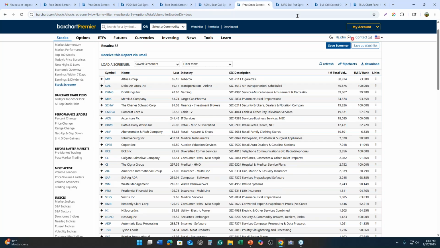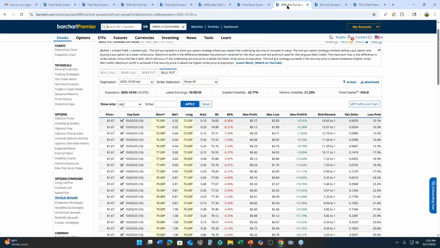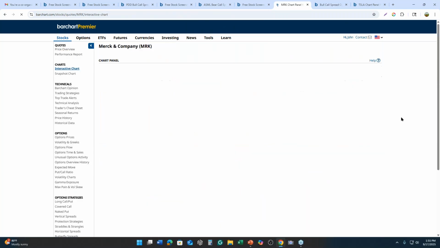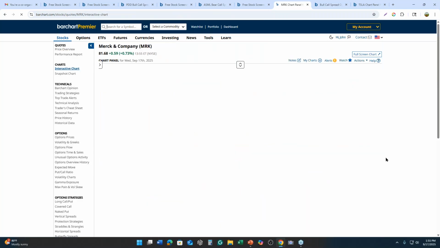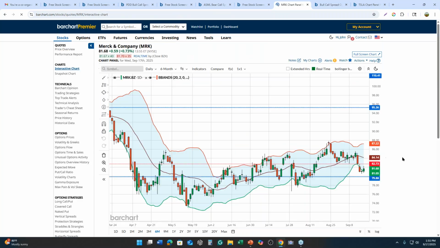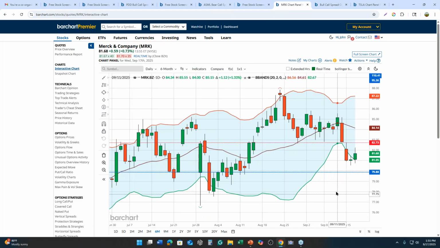Just before I came on, I looked at Merck, and let's look at the chart so you can see what I'm looking at. Again, not a great candidate, right? The bands have just started to flare out. That would give me concern. I really would like to see wide bands like we see here.